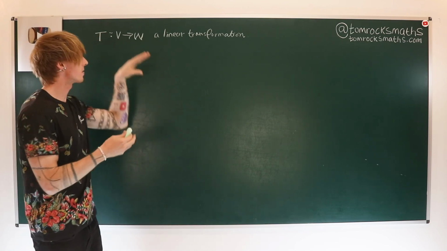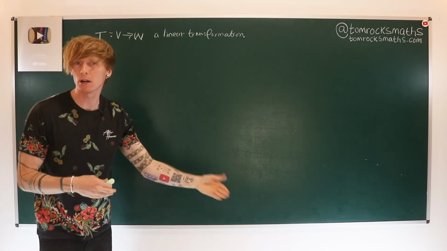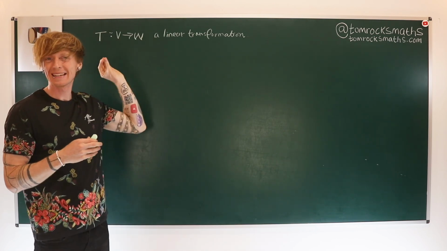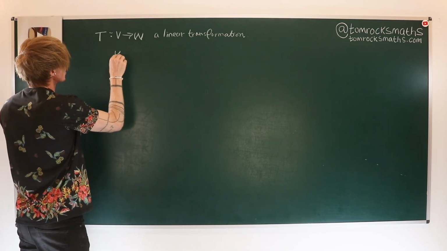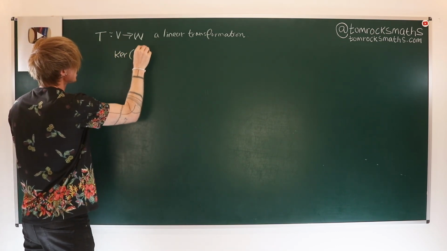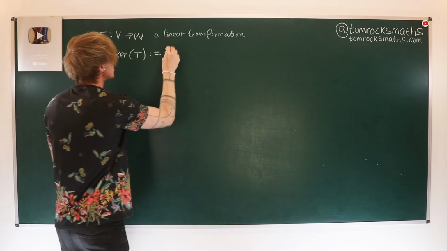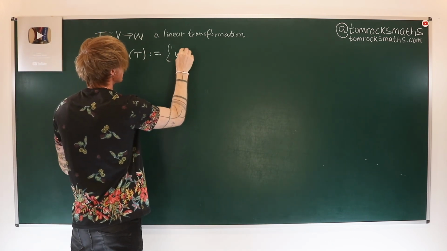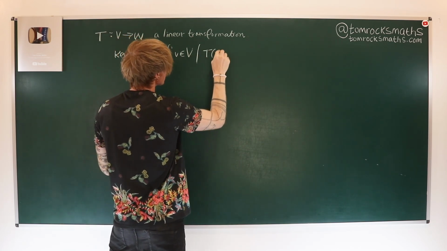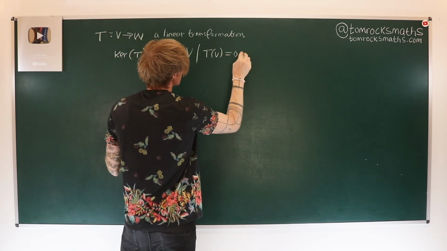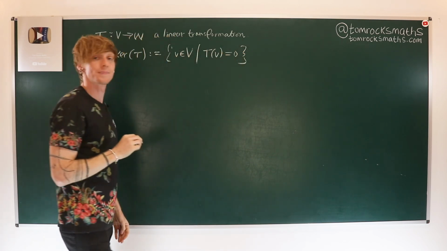So it's everything in V that is mapped to 0 under the map T. Formally, we would say the kernel of the map T is defined to be the set of vectors in V such that T applied to any of those vectors gives you 0.